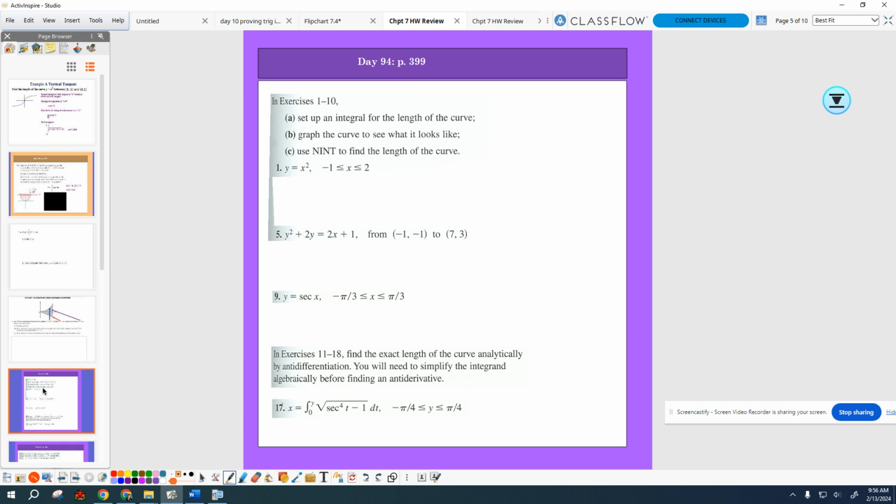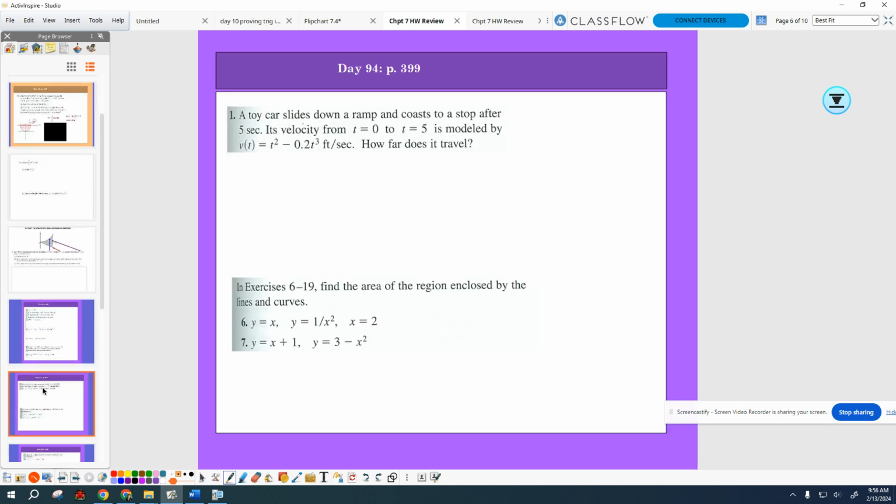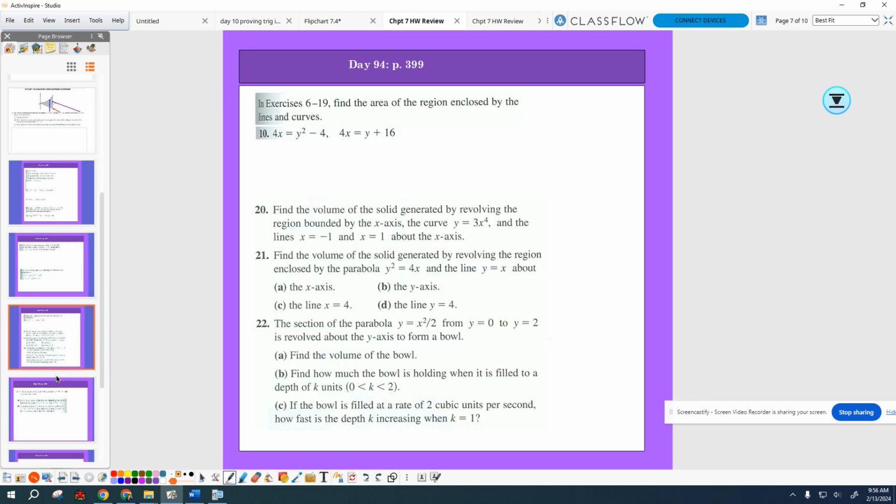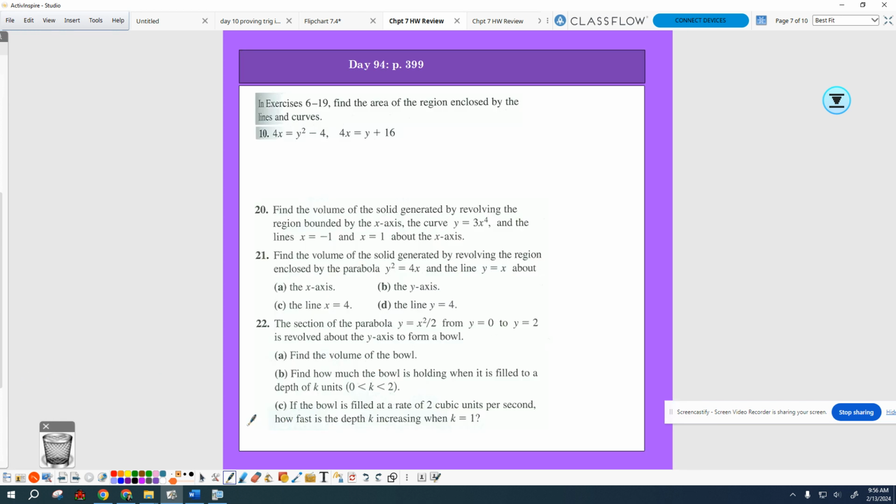Which one? 22B. Okay. So it's asking what percent of the bowl is filled to K.